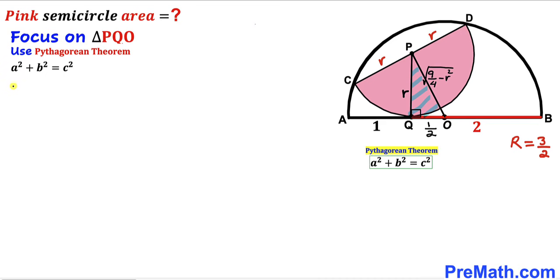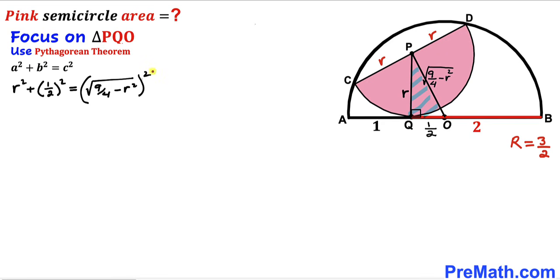So we are going to have r square plus 1 divided by 2 whole square equals to the square root of 9 divided by 4 minus r square whole square. And here we can see this square and square root undo each other. So therefore we can write r square plus 1 divided by 4 equals to 9 divided by 4 minus r square.